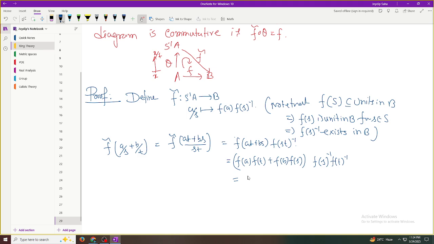So I can write it as f(a)f(s) inverse plus f(b)f(t) inverse, that is F tilde of a by s plus F tilde of b by t.